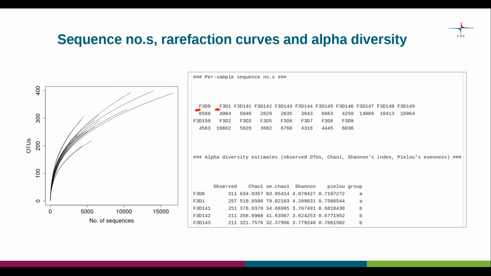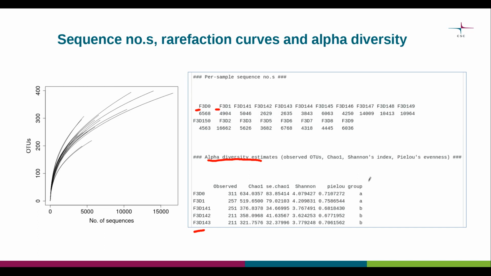And on the bottom of the screenshot on the right, there is a list of alpha diversity estimates. Alpha diversity is a term used to refer to within community diversity. The first column contains unique IDs, and only a smaller section is shown to better display the data on this slide.